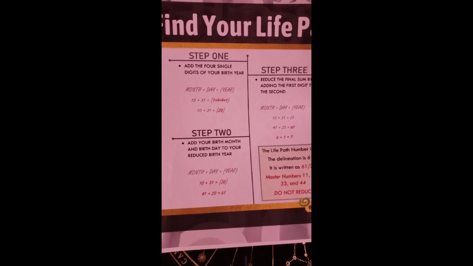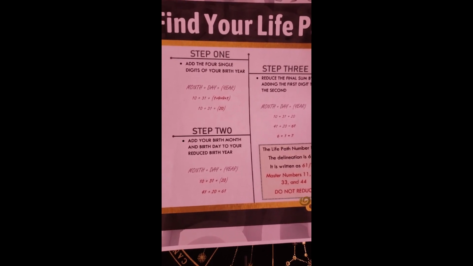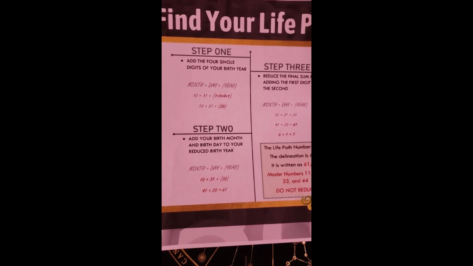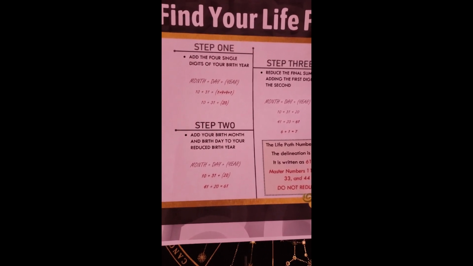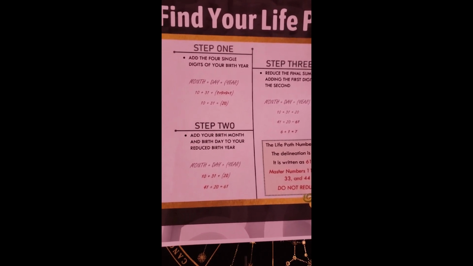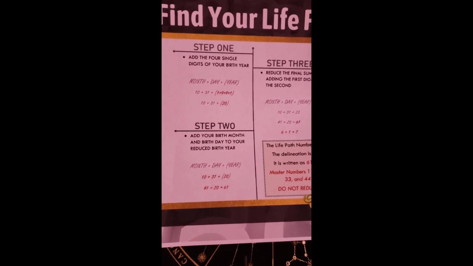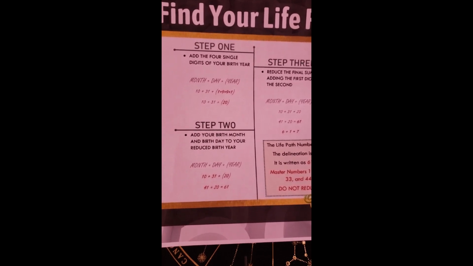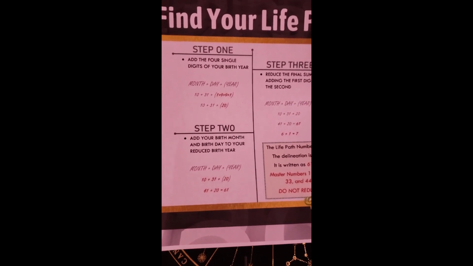Step 2, you add your birth month and your birthday to that reduced birth year. The month here is October, and the day is the 31st, and we have the reduced year of 20. We add the month and the day to the reduced year: 41 plus 20 equals 61.